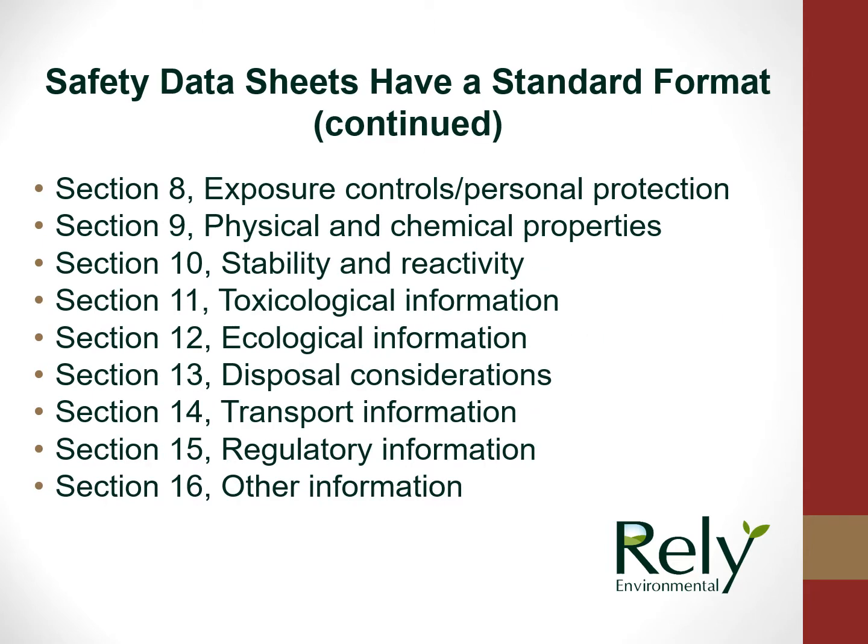In continuance, exposure controls and personal protection in Section 8, physical and chemical properties in Section 9, stability and reactivity in Section 10, toxicological information in Section 11, ecological information in Section 12, disposal considerations in Section 13, transport information in Section 14, regulatory information in Section 15, and finally other information in Section 16.